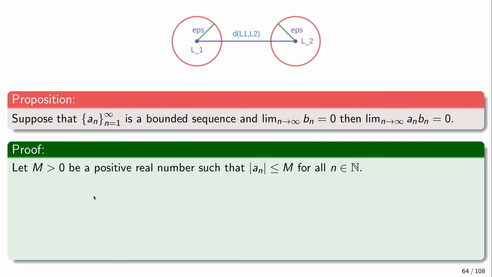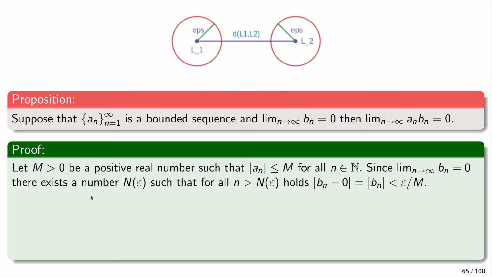Now the sequence b_n converges to 0. So since b_n converges to 0, there exists a natural number N of epsilon such that for all n that are greater than N of epsilon, it holds that the distance of b_n minus 0 can be as small as we please. We can choose this to be smaller than epsilon over M. But what does this say about the sequence of the product? Well, let's see.